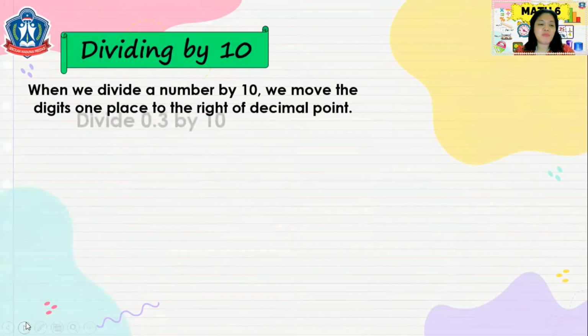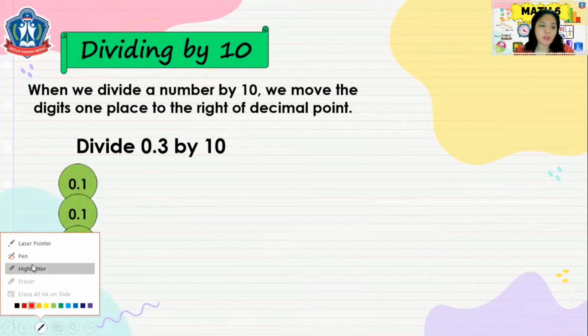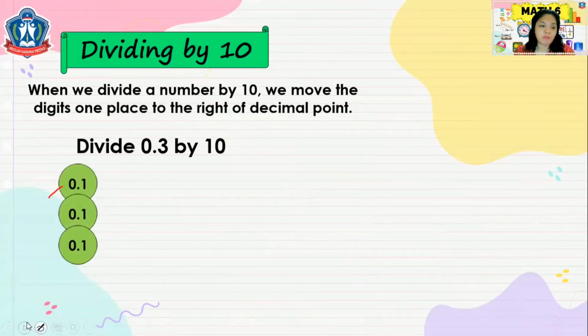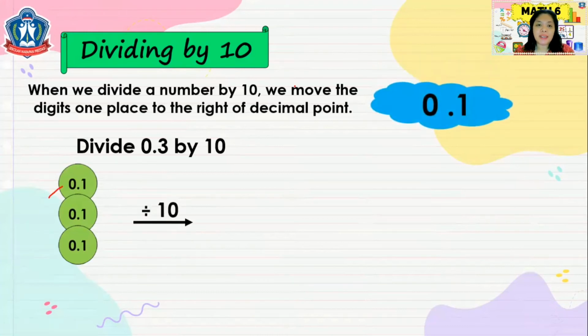For example, divide 0.1 by 10. It means we move the digits one place to the right. This 0, we move it to the right of the decimal point.